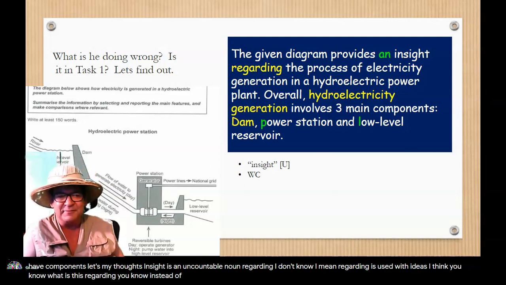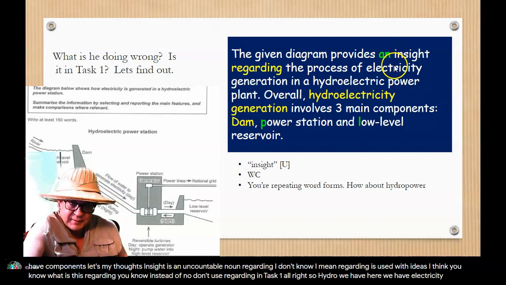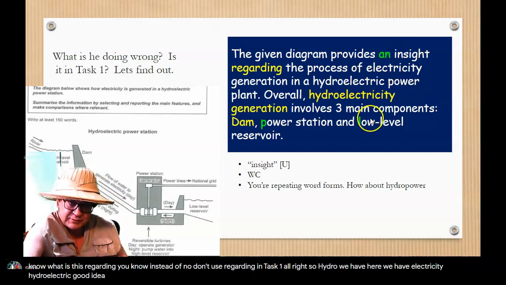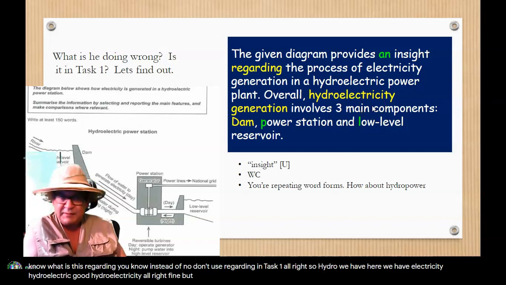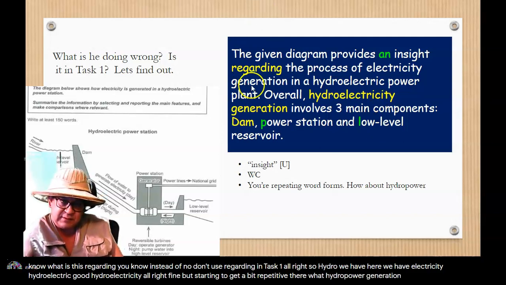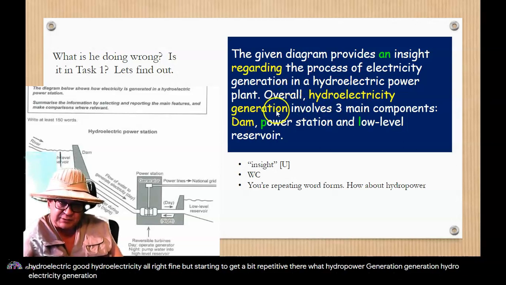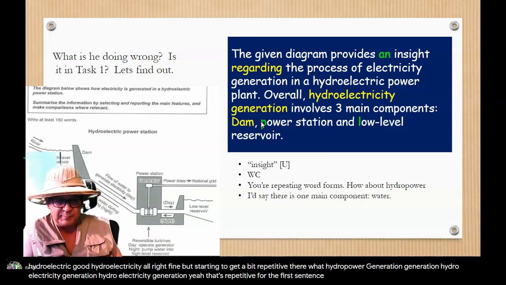No, don't use regarding. Here we have hydroelectricity, all right, fine. But it's starting to get a bit repetitive. Hydroelectricity generation, hydroelectricity generation. Yeah, that's repetitive for the first sentence.